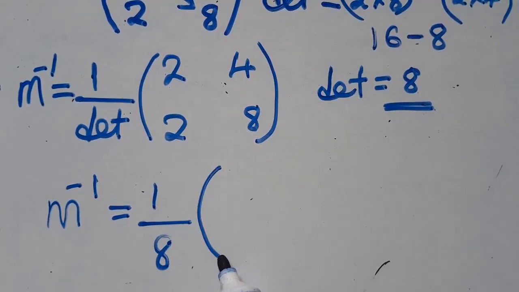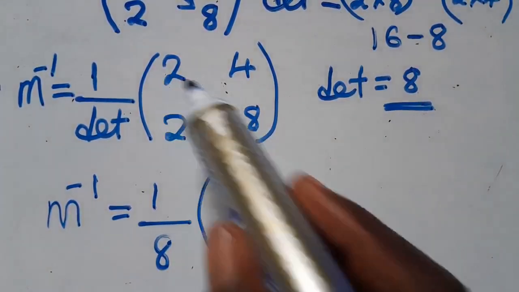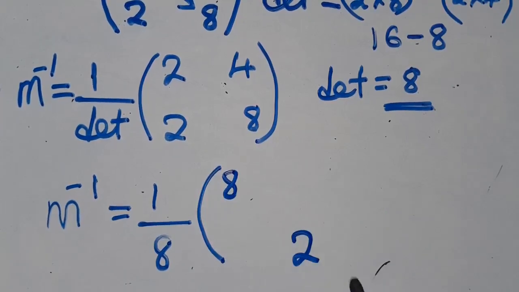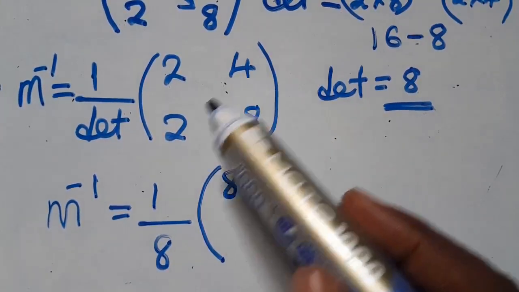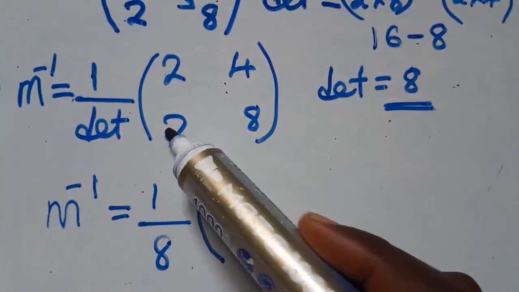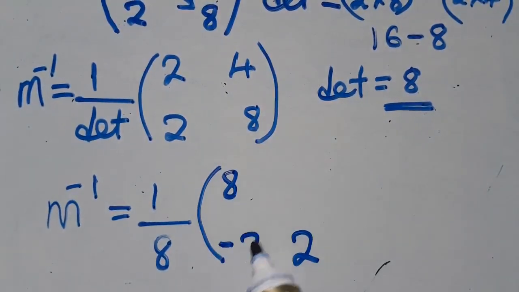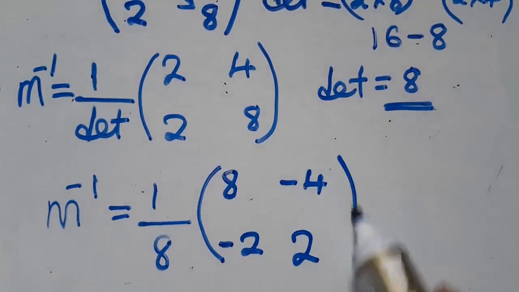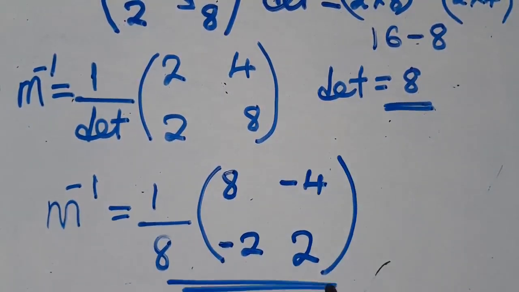What happens to the major diagonal? Positions will change. 8 goes on top, 2 comes down. What happens to the minor diagonal signs? This is a positive, it becomes a negative. That's a positive, becomes a negative, like this. So this is the answer. This is the inverse. This is how you were supposed to answer the question.